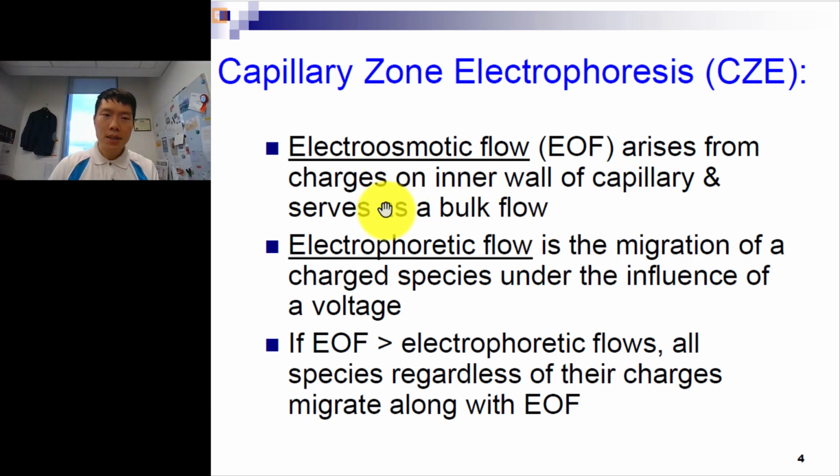VEO is the velocity from the charges on the capillary wall, and VEP comes from the charges on the analyte ion. This is how you differentiate these two. If your electroosmotic flow, the EOF, is more than the VEP, there's no need to have a pump because naturally, you just move along.